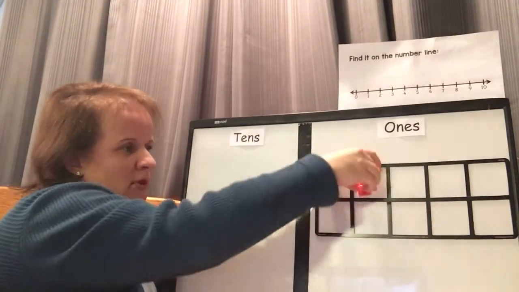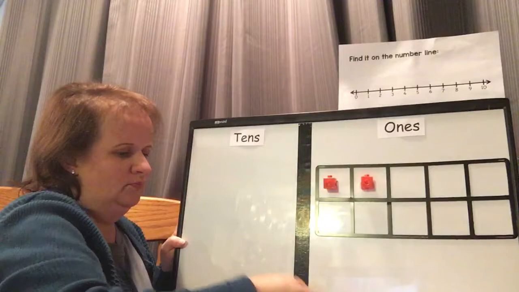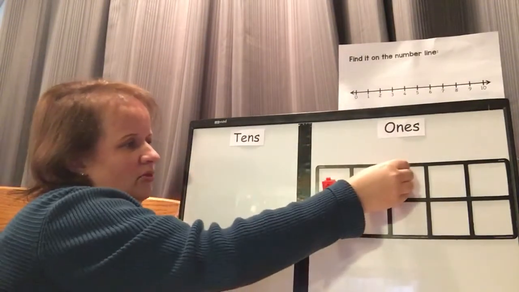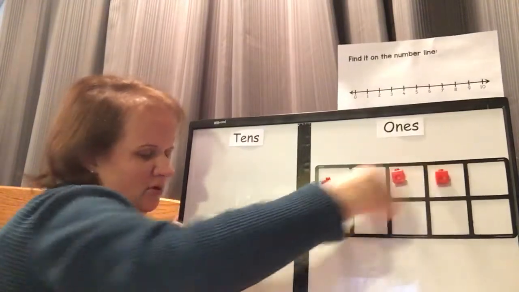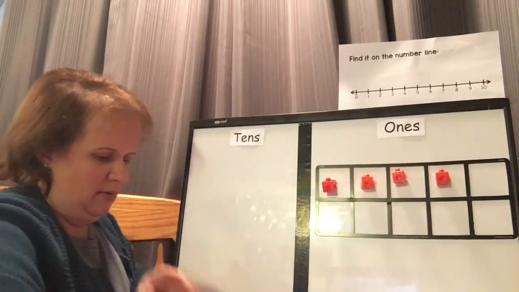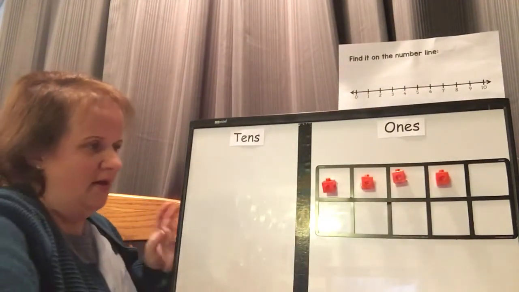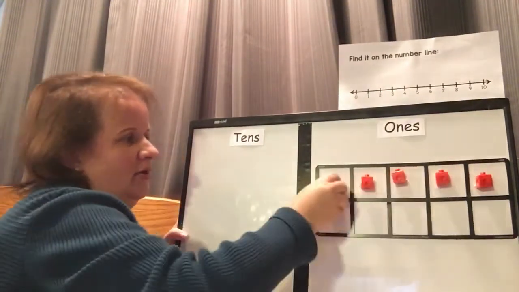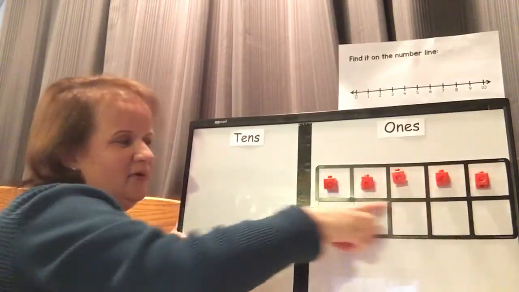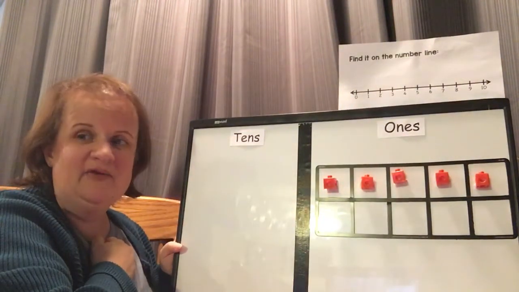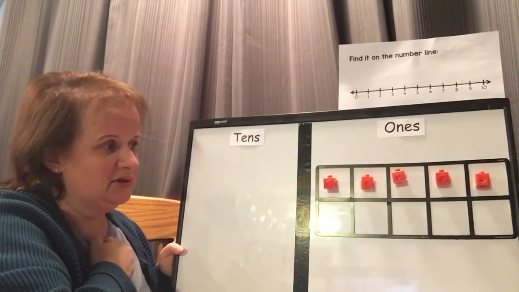Let's put up 5 cubes. 1, 2, 3, 4, 5. Remember, when the top row of our 10 frame is full, we have 5 cubes or blocks.